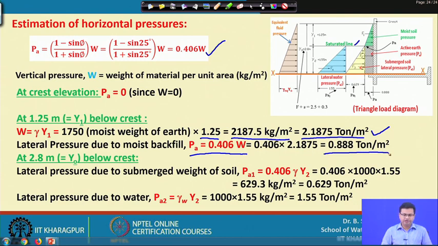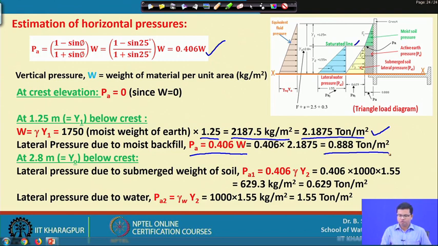Now, at 2.8 meter below crest. So, 2.8 meter below crest means it is along the x line at the bottom. The lateral pressure due to submerged weight of soil is given by 0.406 gamma into y 2.